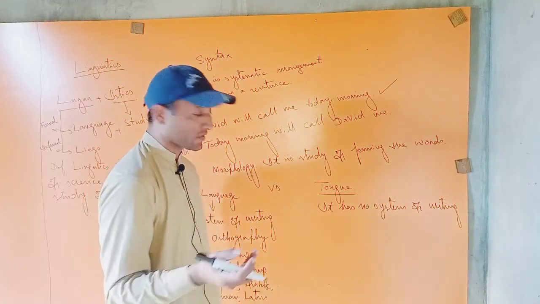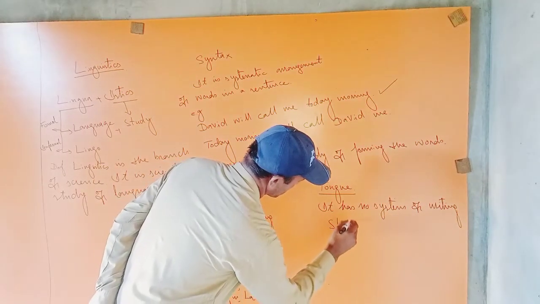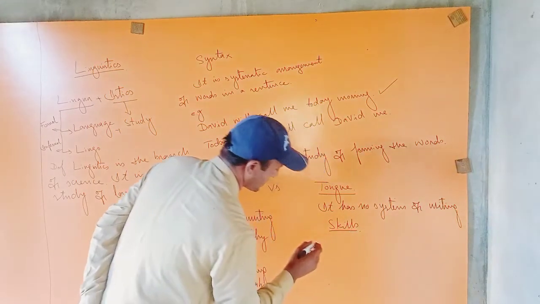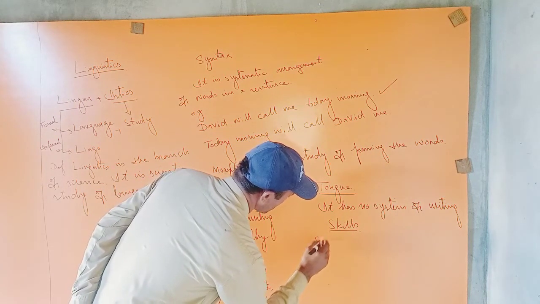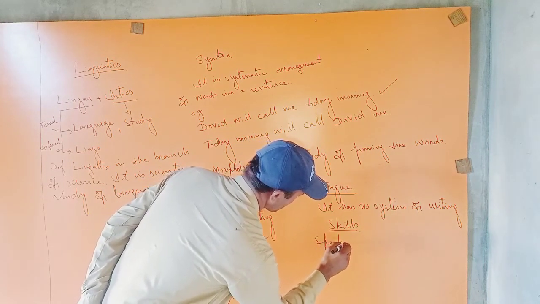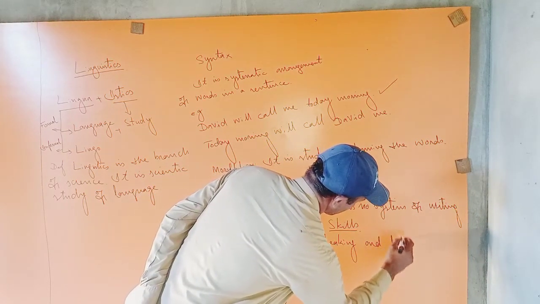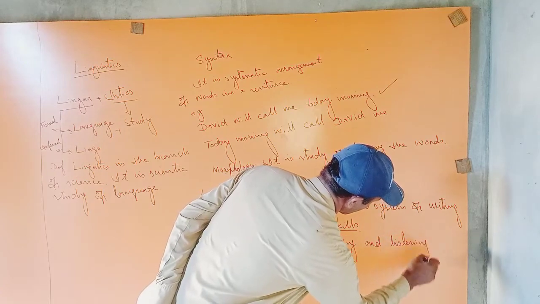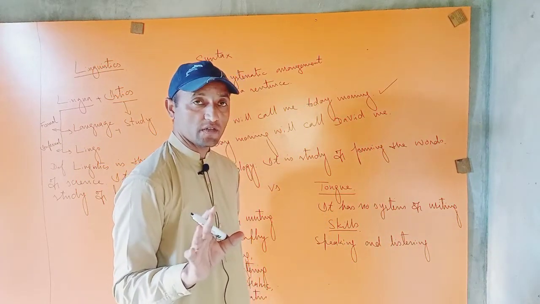It has two skills: the first is speaking and the second is listening. So these are the two skills of a tongue.